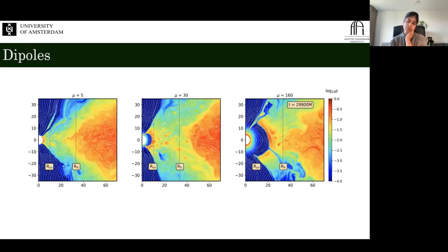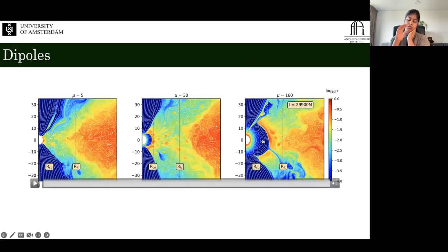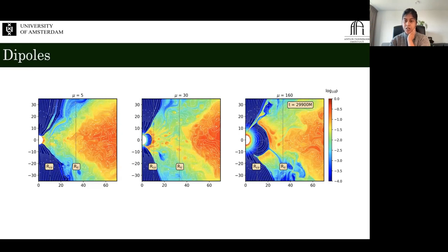And as you increase the stellar magnetic field strength further, the neutron star magnetosphere doesn't really allow the disk to come in and accrete, and you end up in a propeller regime, where the neutron star magnetosphere prevents the accretion flow from reaching the stellar surface.